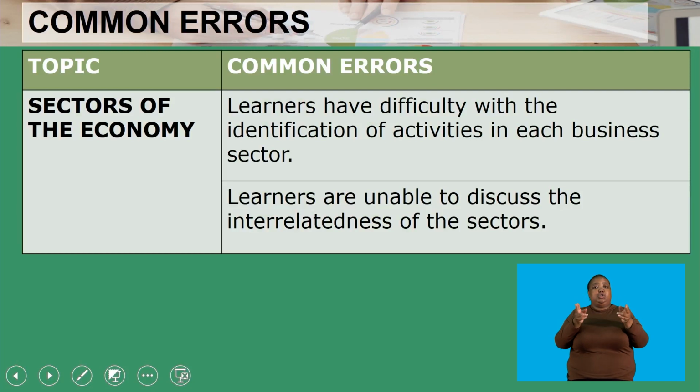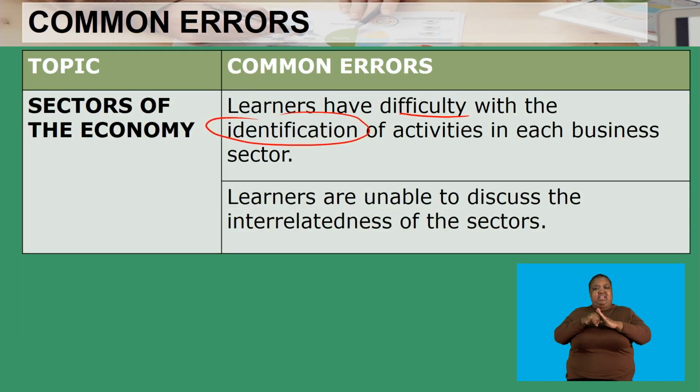Then it is very common that you might have difficulty in identifying the activities in each business sector. I have already mentioned in the previous slide that for you to be able to execute this perfectly, you must know the keywords under each sector.